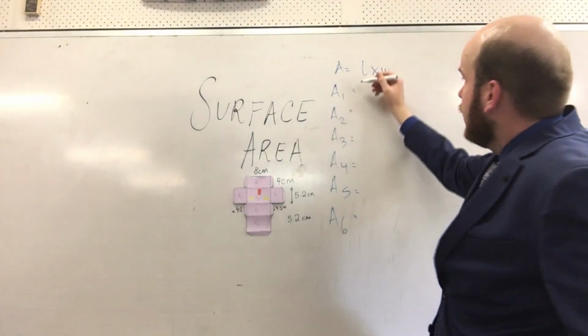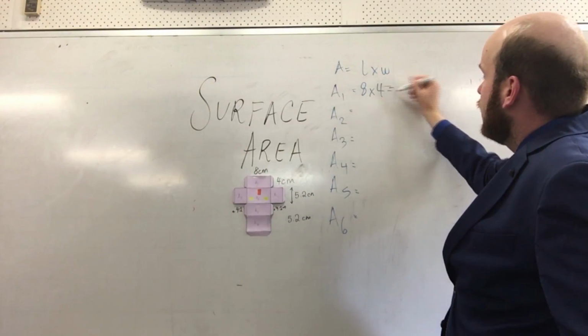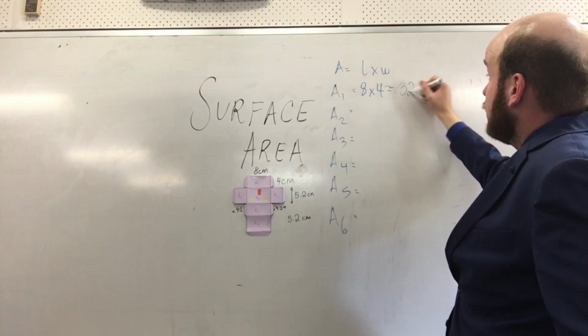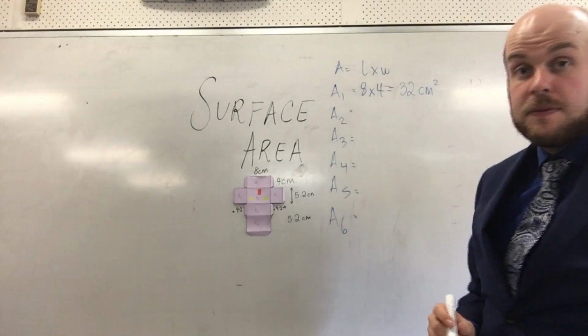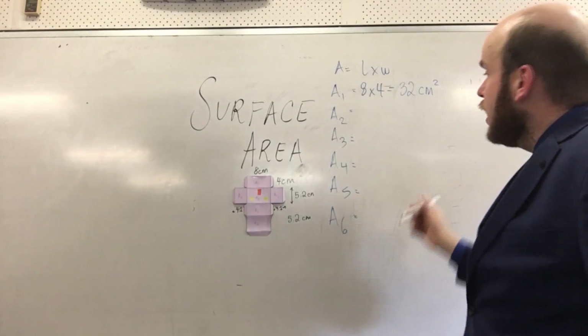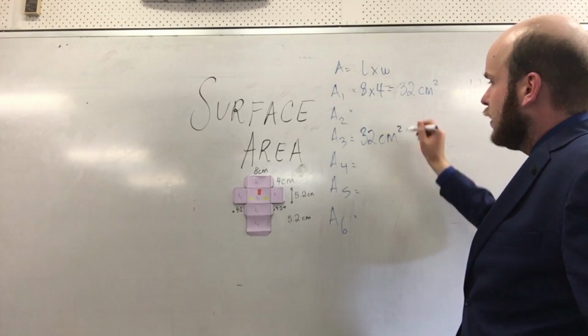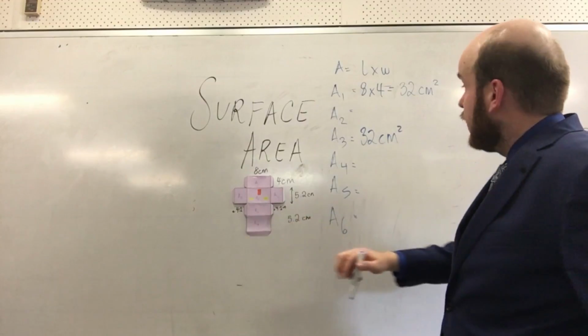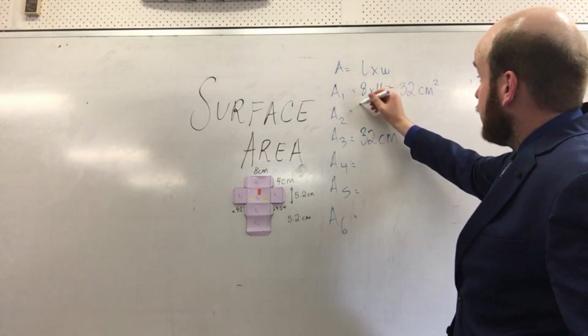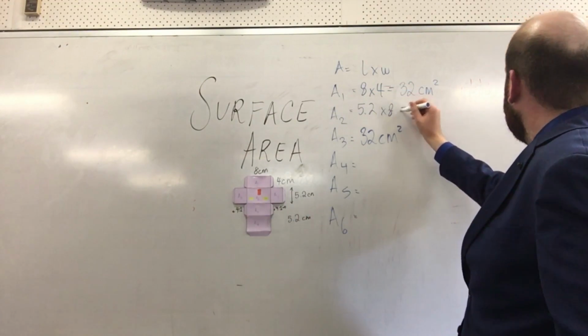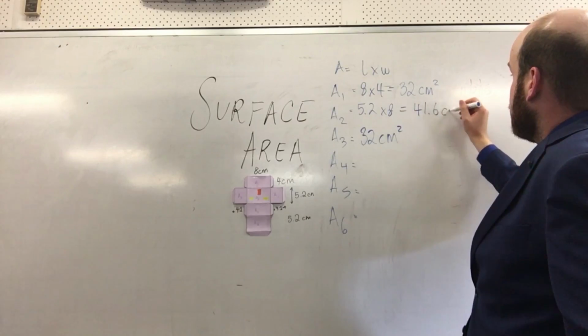A1 is 8 times 4, which will be 32 square centimeters, because these are all in centimeters. And that is the same as A3, so that's 32 square centimeters. A2, which was this big square here, was 5.2 times 8, which is equal to 41.6 square centimeters.